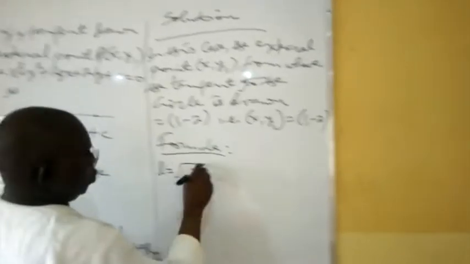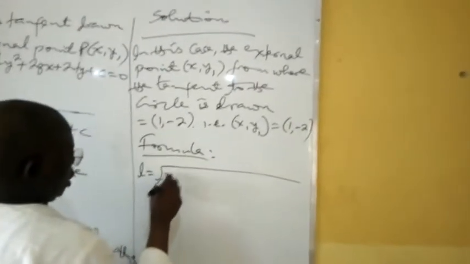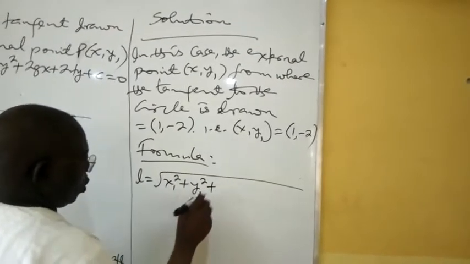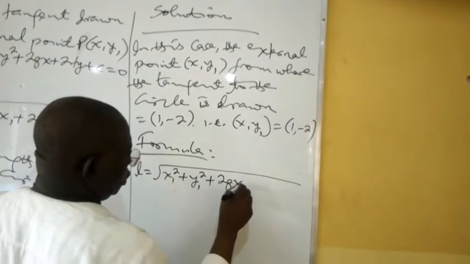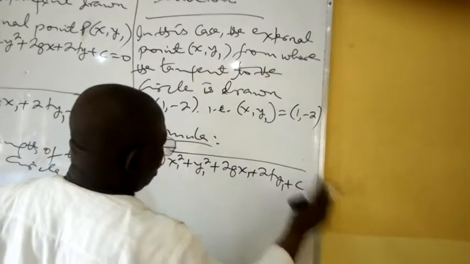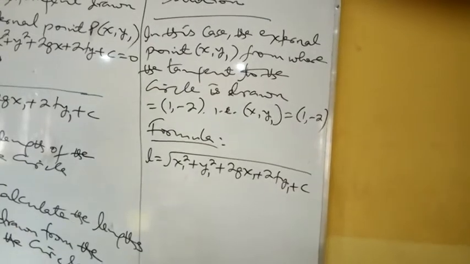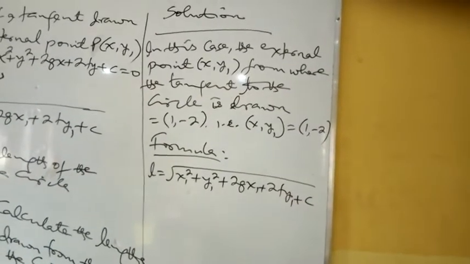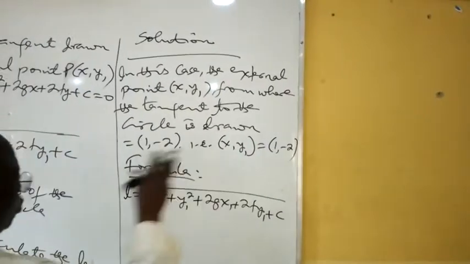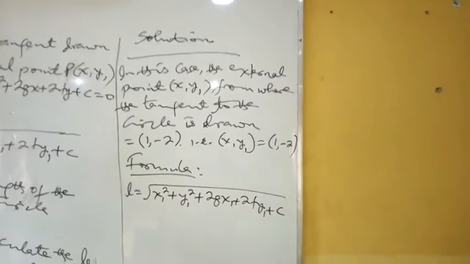We said L is equal to the root of x1 squared plus y1 squared plus 2gx1 plus 2fy1 plus c. This is the formula for calculating the length of the tangent. Just plug in the values.